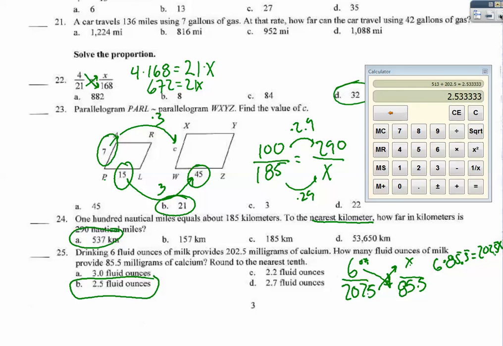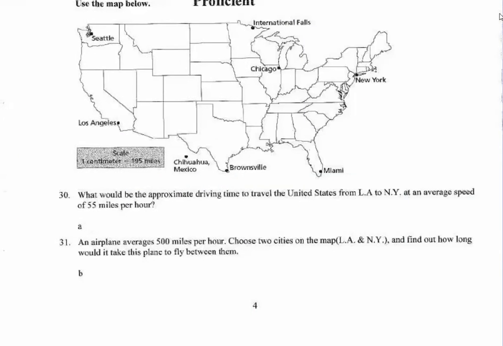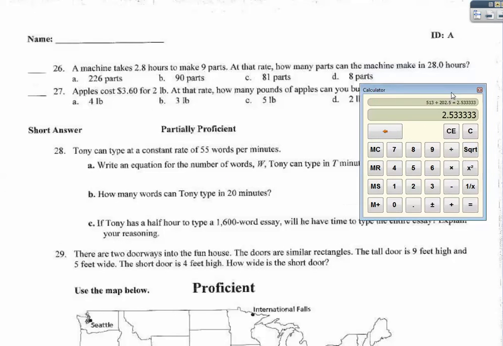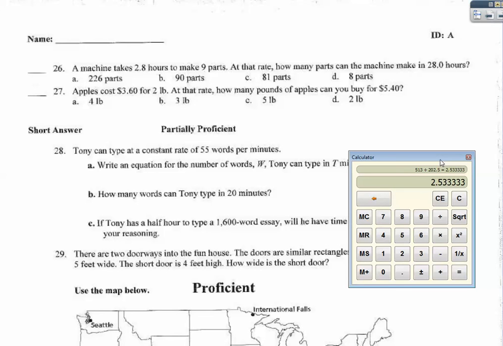All right, let's see if we have any more multiple guess questions here. Of course we do. 2 more. A machine takes 2.8 hours to make 9 parts. At that rate, how many parts can the machine make in 28 hours? And so this is, oh no, I made a mistake.